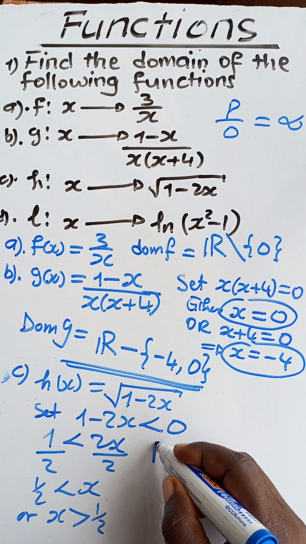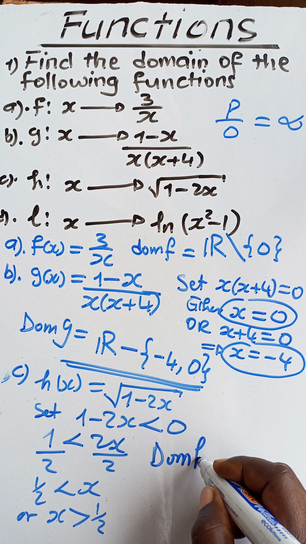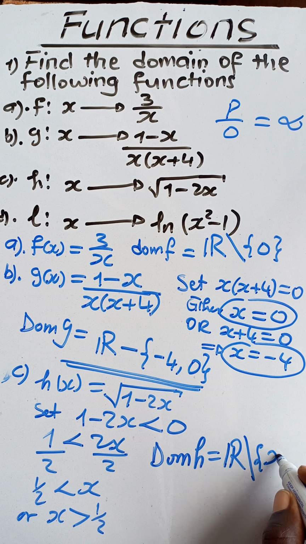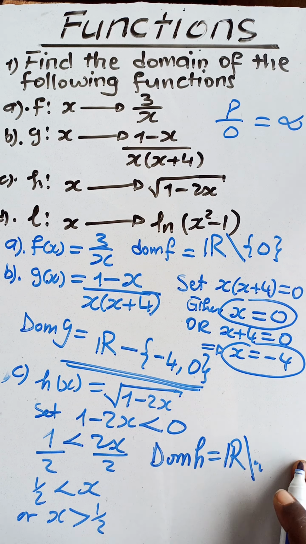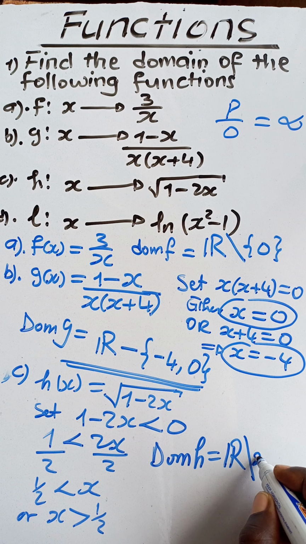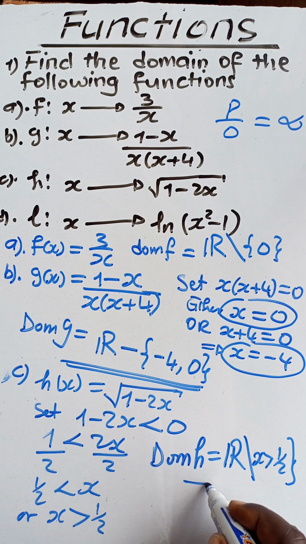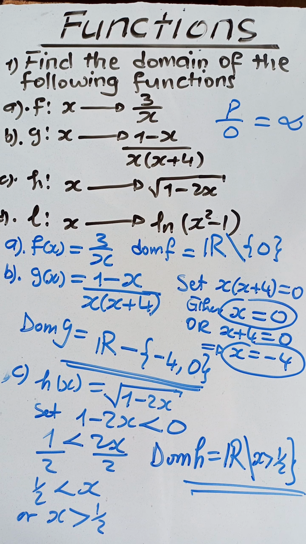So the domain of this function will therefore be all real numbers except all values to the right of a half. Okay? That will be the domain of this function.